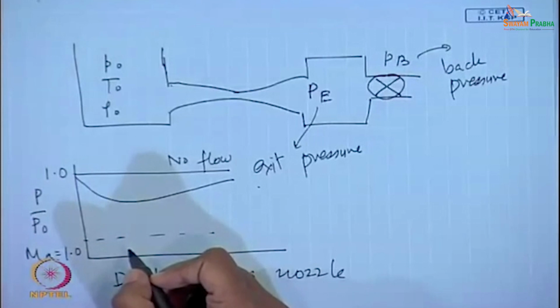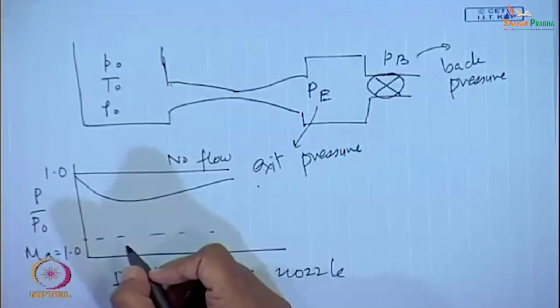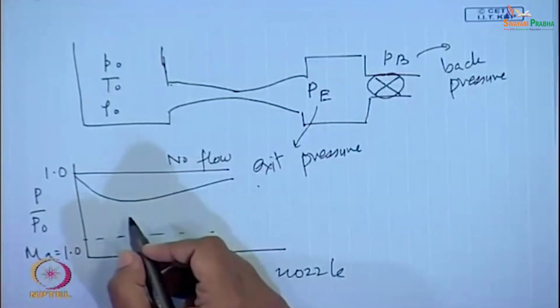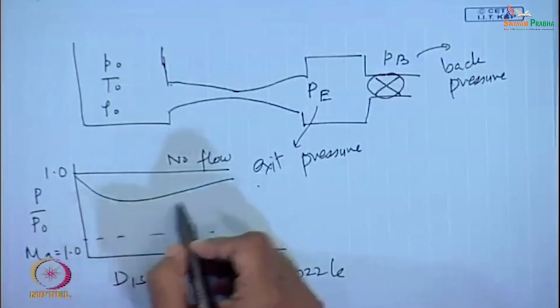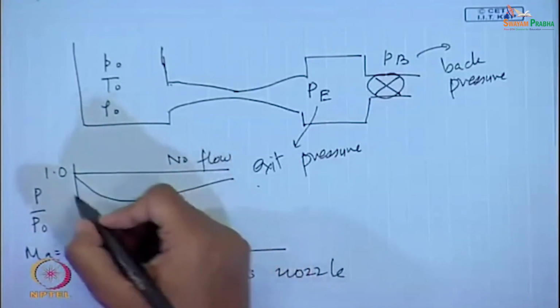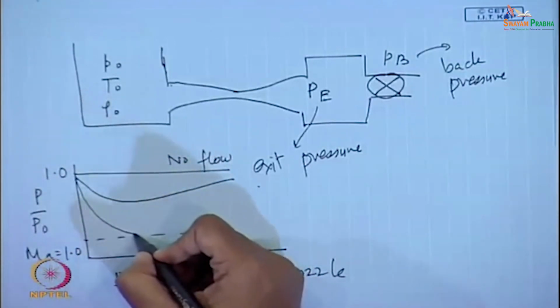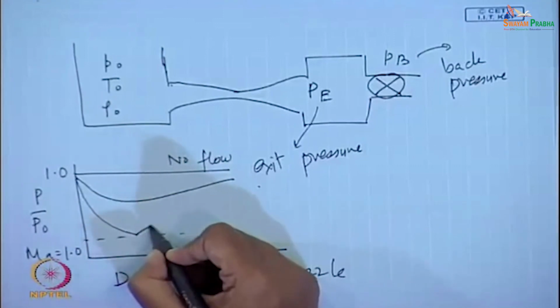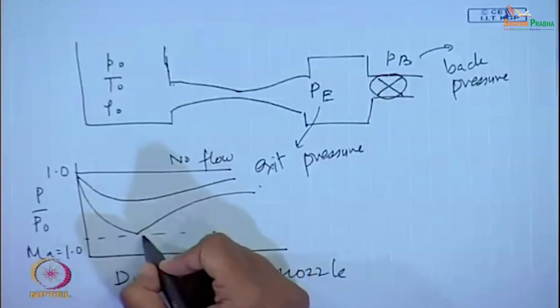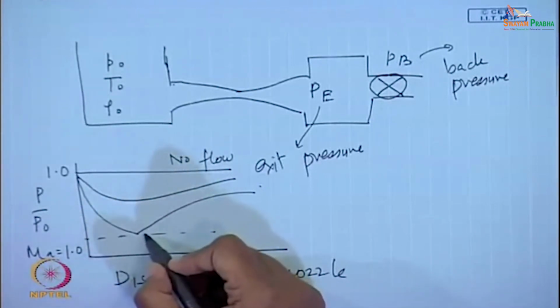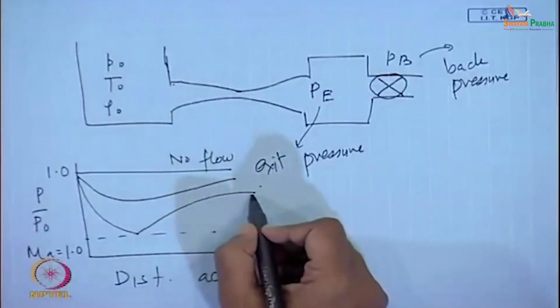After that, we keep on lowering P b in such a way that finally we get sonic conditions at the throat. The moment we get sonic condition at the throat, the flow rate is maximum, just like in the previous case, and then we have supersonic conditions in the diverging section.